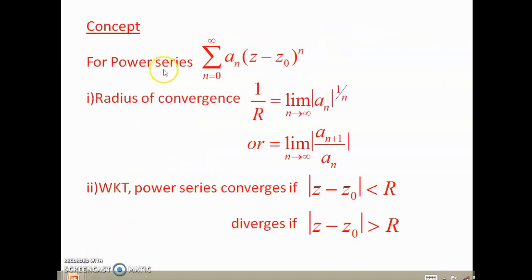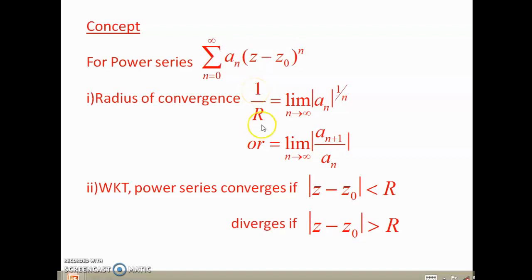If we are given a power series sigma n is equal to 0 to infinity a n into z minus z0 whole power n, then its radius of convergence is given by this formula. We have here two formulas. We can use any of these according to the power series.